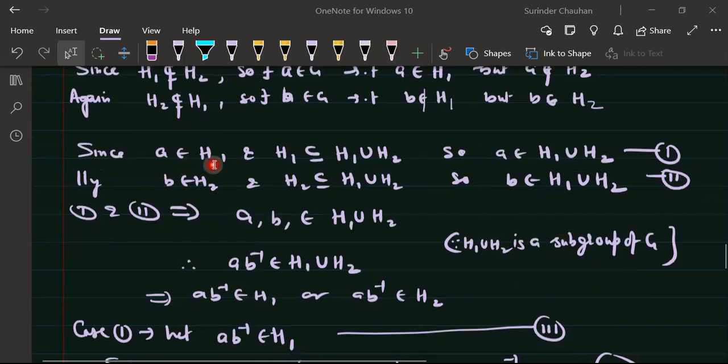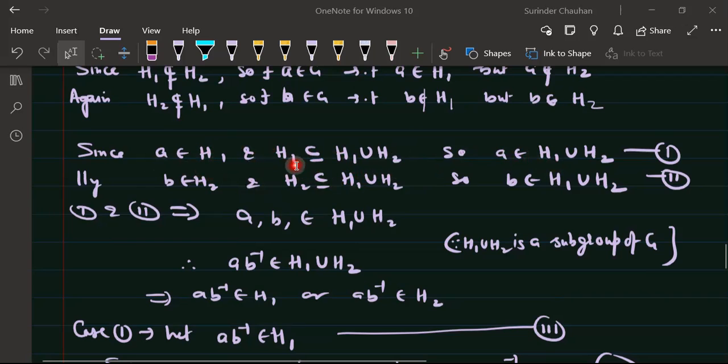Since a belongs to H1 and H1 is a subset of H1 union H2, a belongs to H1 union H2. You can see this result by drawing a Venn diagram of set theory; things will become very clear to you.